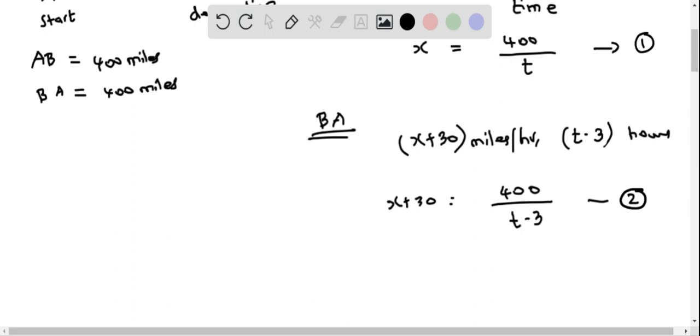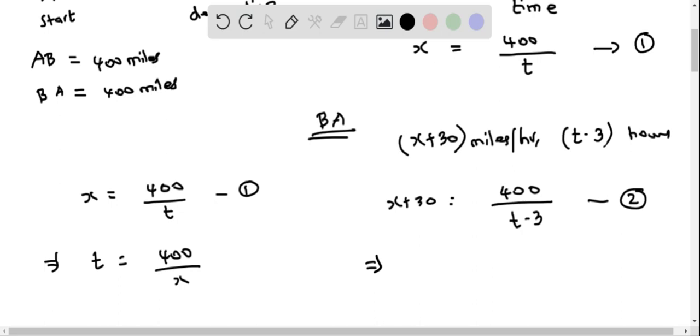Let me take equation number 1 and solve for T. So I have X equal to 400 by T. This is my first equation. From this I'm going to solve for T. So I can cross multiply and then divide by X. So therefore I'll be getting 400 by X. This is the T. And similarly using the second equation, I have this equation here.